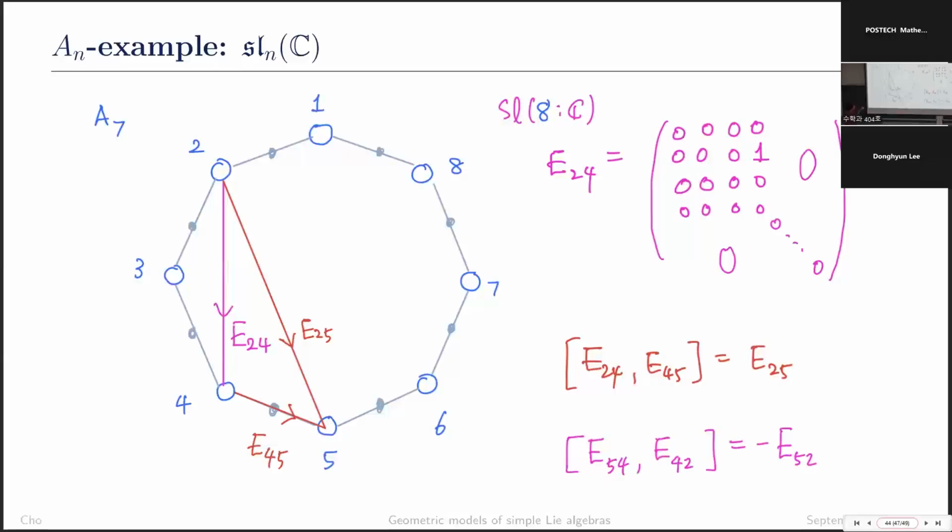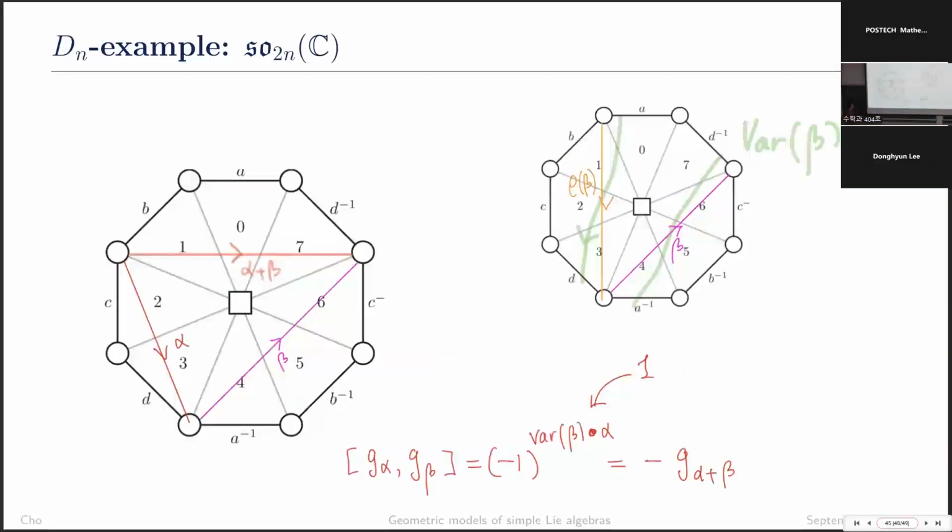Sorry, in the case of An, this is like an n-gon, n plus 1 gon. So these E24, E25, E45 are the elementary matrices, and the brackets are just given by this concatenation of vectors in this case. So you can think of that bracket geometrically like this.